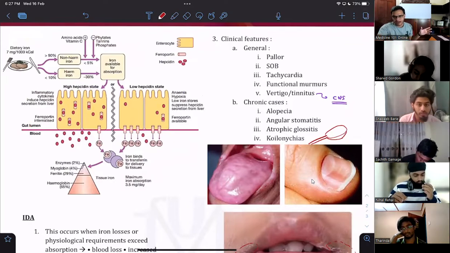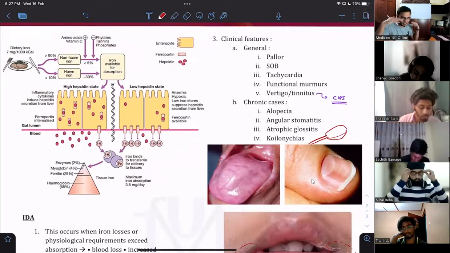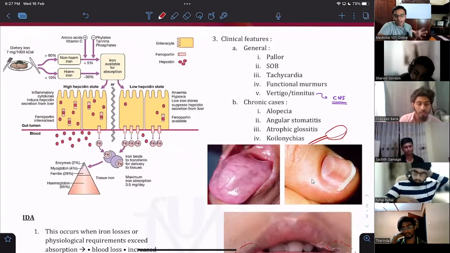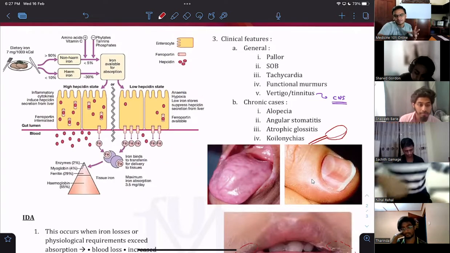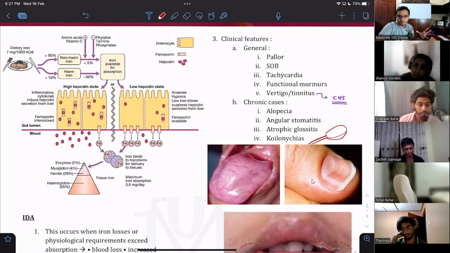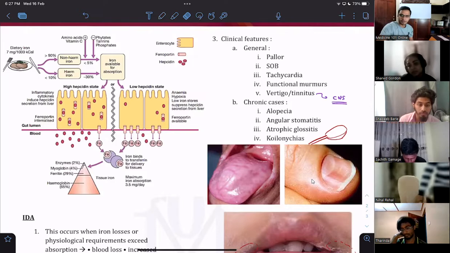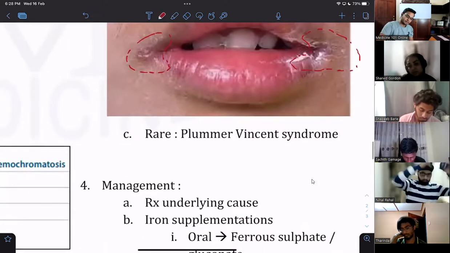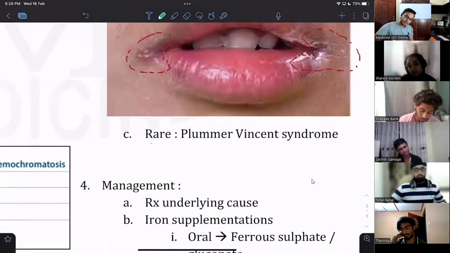It can happen alone, but most of the time it happens because of something. So look for any underlying causes. It can be diet related problems, menorrhagia, ulcers, whatever. Hookworm infestations, anything.